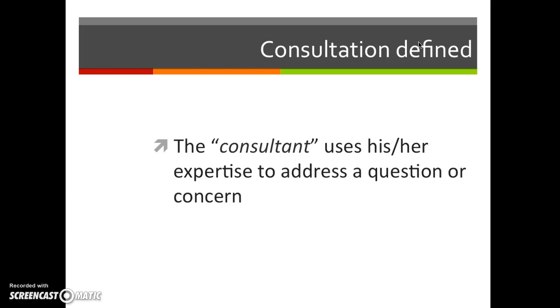Just to clarify the difference between consultation and collaboration, and I'm sure it's no surprise to anyone, when we use those terms sometimes interchangeably, we really are talking about two slightly different things.